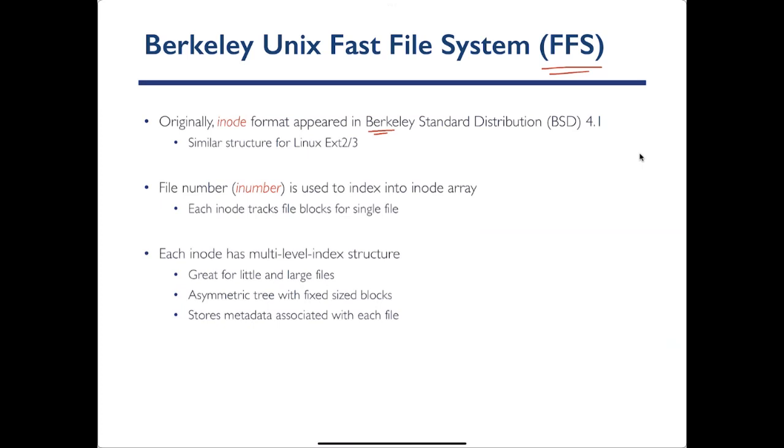The concepts that we're going to see in FFS are the inode and the inumber. The inumber is the file number that you have, and it's used to index into the inode array.